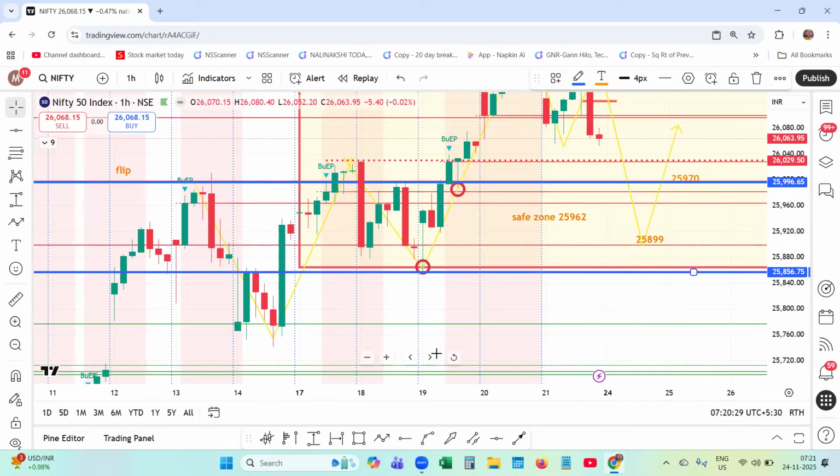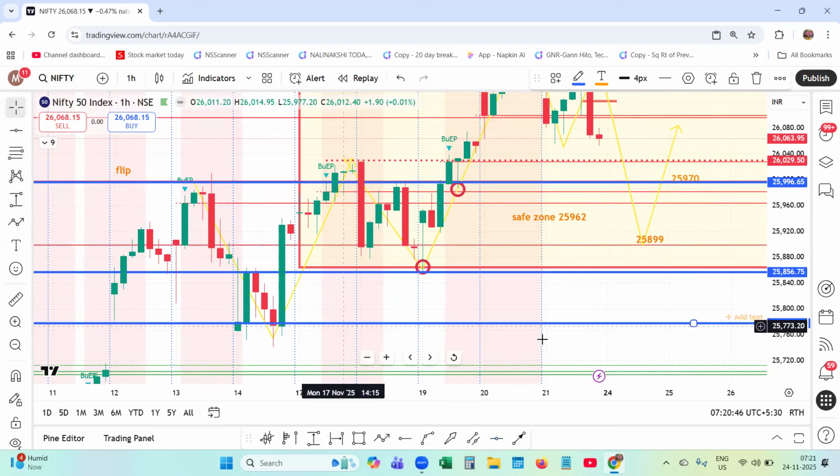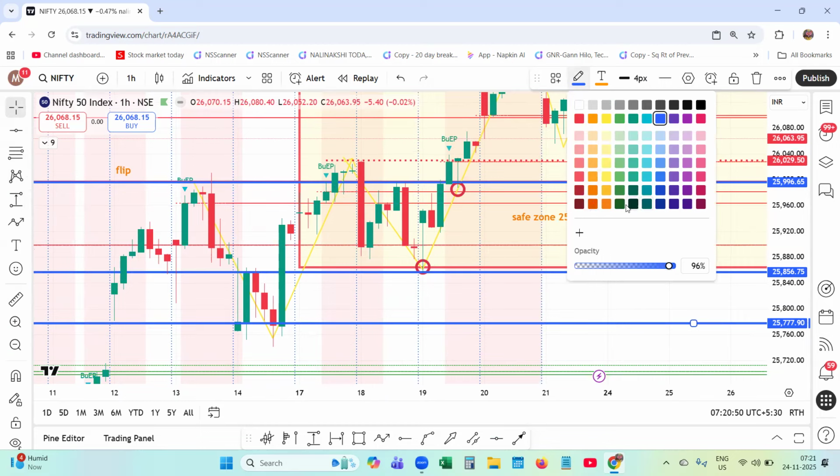And here, the magic thing is, this is the major support level, because it is from this put writers' support level. Let us mark the major support level with another color.